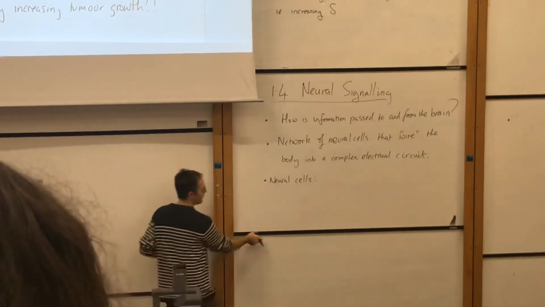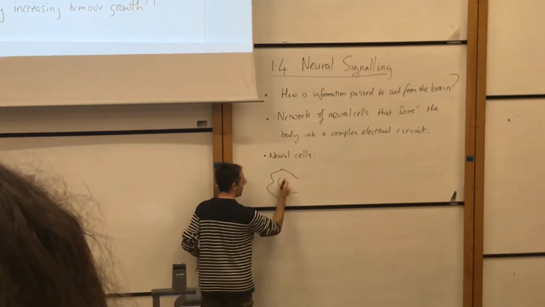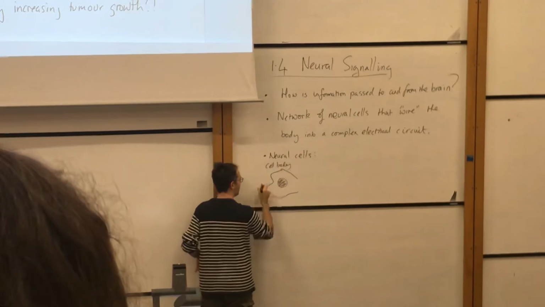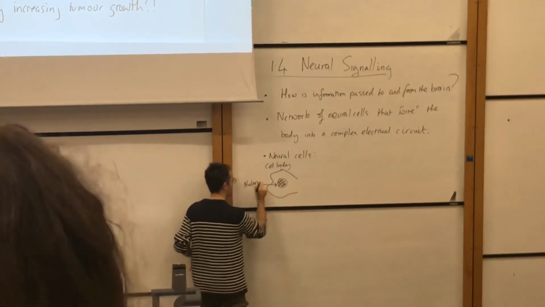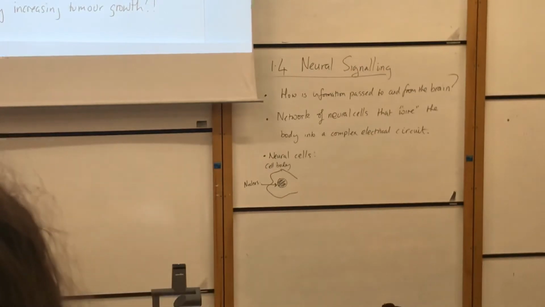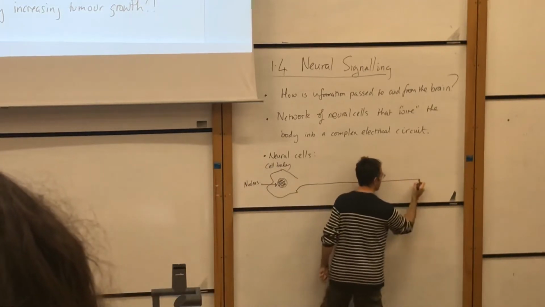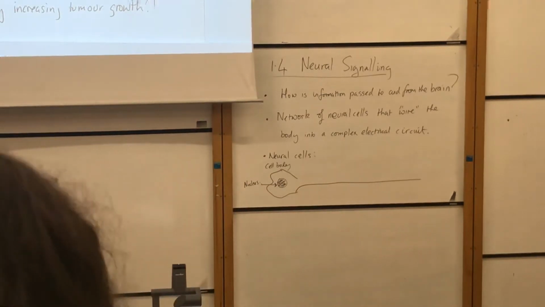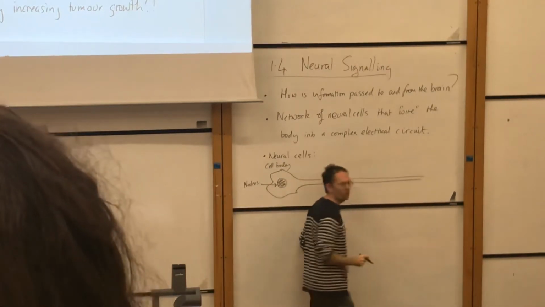Basically, these neural cells have a cell body region, and in that cell body, you've got the nucleus where all the key genetic information is contained. So you've got that cell body. You've then got a very long extension, effectively a long cytoplasmic extension of this body that extends potentially a very, very long way.